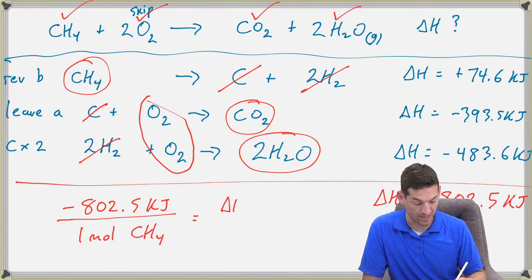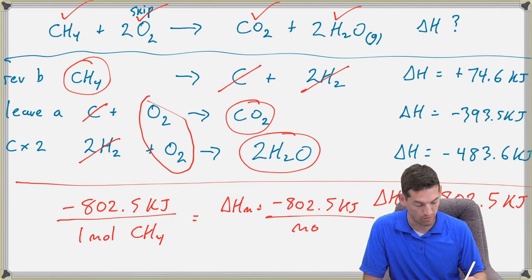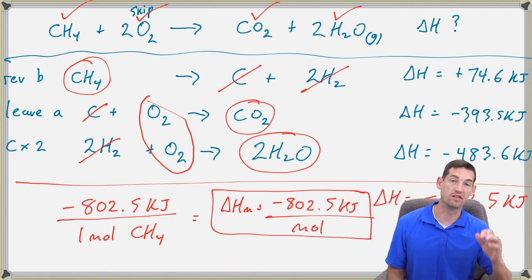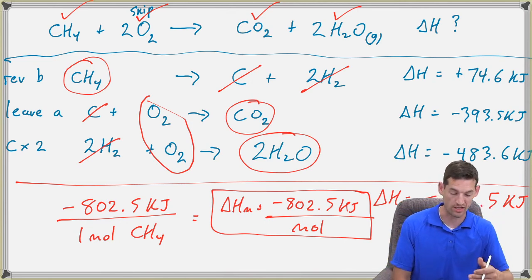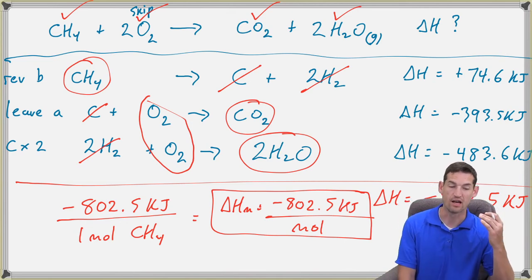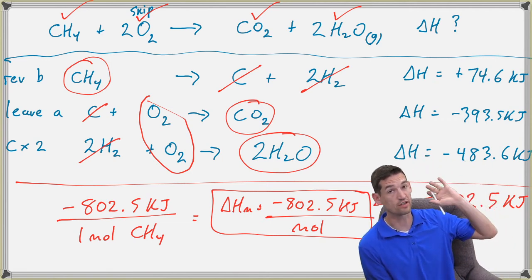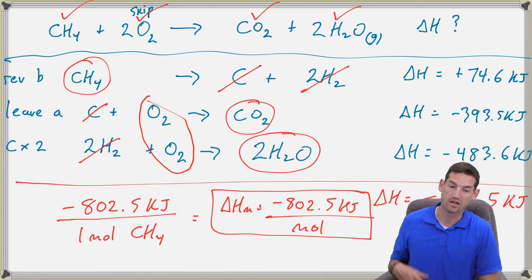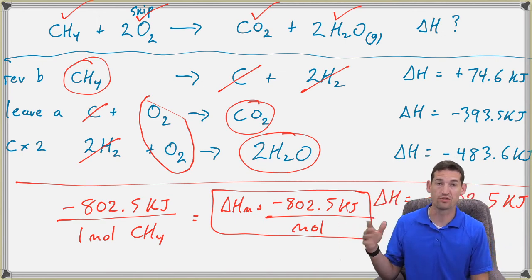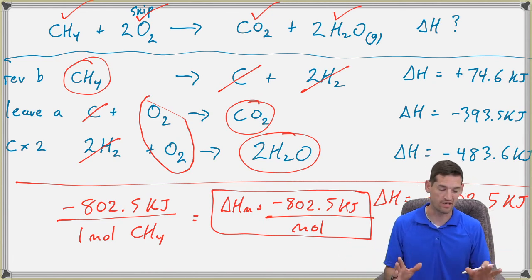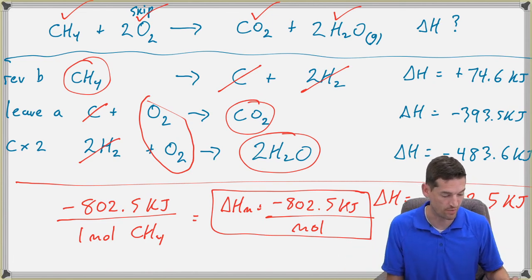I end up with a delta HM of negative 802.5. So even though in this case the numerical value didn't change, get in that habit of always remembering Hess's law gives me delta H. I have to divide by moles to get the delta H molar. Be safe. Don't mess that up. Just get into that habit right off the bat.